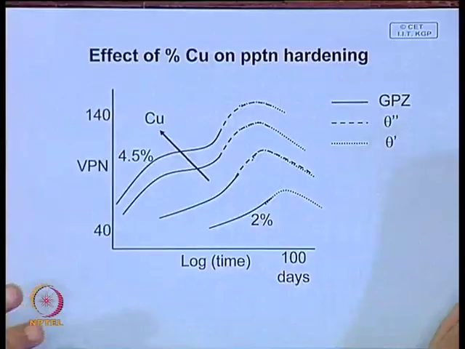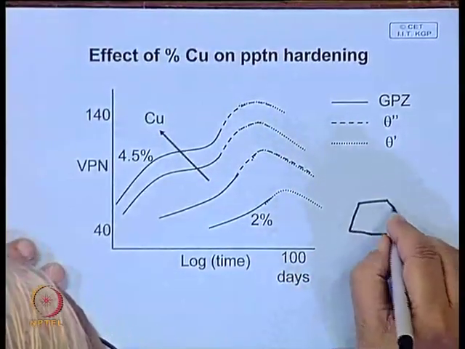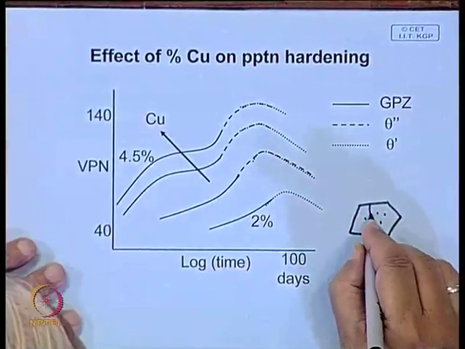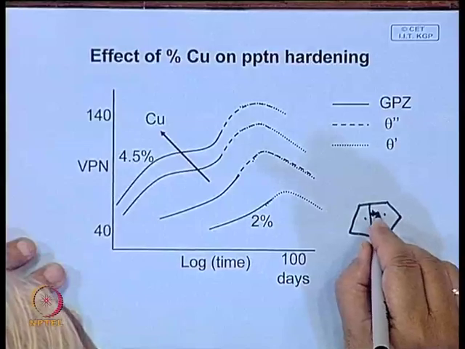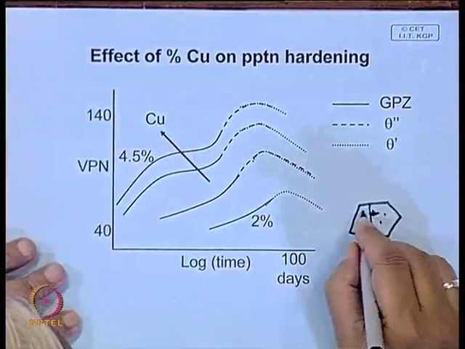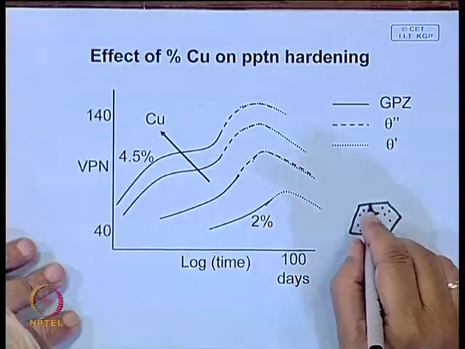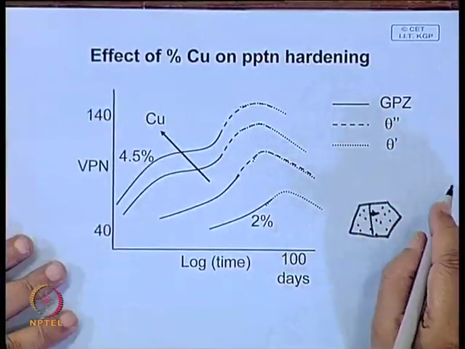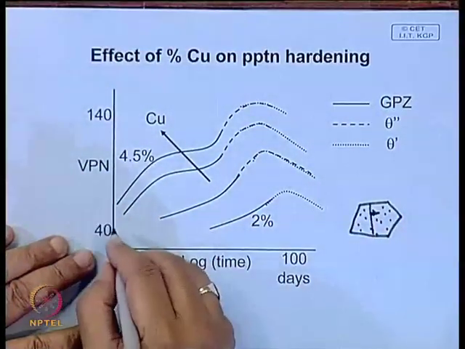So if you have precipitate in the matrix, it will be difficult for the dislocation to move or cross this precipitate. We will see how this takes place later. So, when this precipitate forms, you will have some additional strengthening, and this can be followed by measuring the hardness.